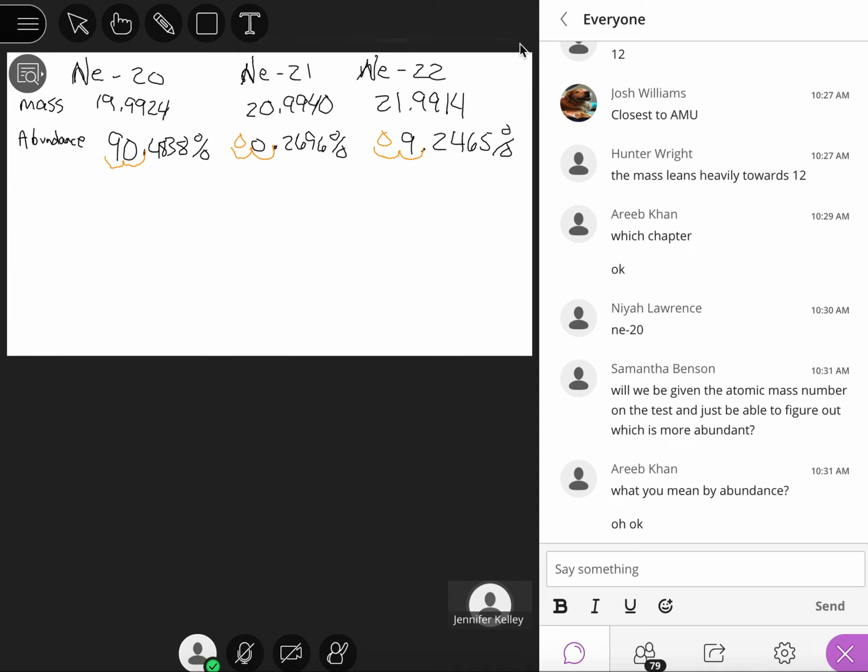In the paragraph above the example, they give you the percentages, and in the example, they're giving you decimals. They converted to decimals so that they can multiply these two. You multiply those two, those two, and those two. You're going to get 3 answers, and then you add them all together. And that's going to equal your average atomic mass.